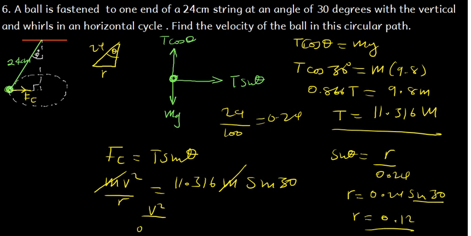So we're going to substitute 0.12 here, and that is going to be equal to sin 30, which is a half, multiplied by 11.316. We are going to find 5.658.